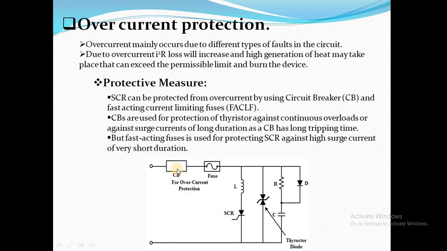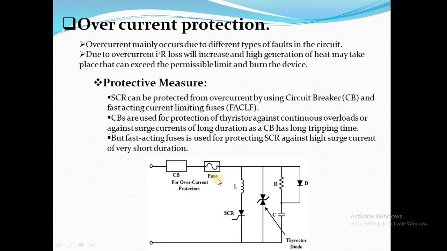When a circuit breaker is used, it senses the overcurrent and automatically trips. As it trips, it acts as a switch. Tripping means it becomes open, and once the circuit breaker opens, it stops the flow of current to the SCR and the SCR gets protected here.